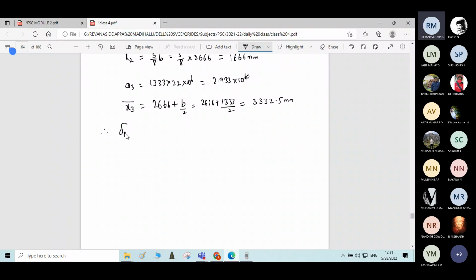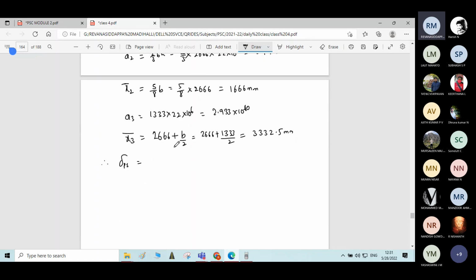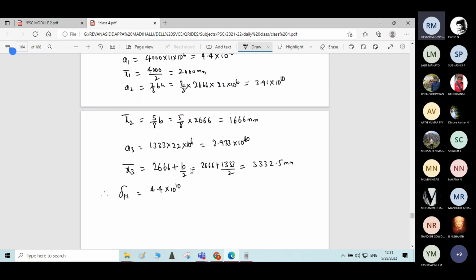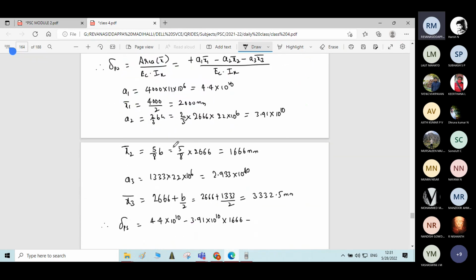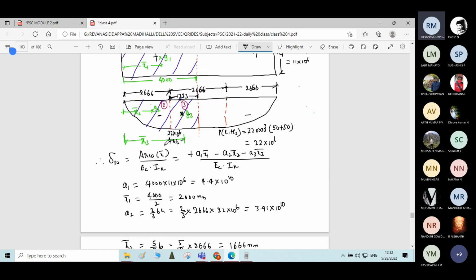Therefore, delta PS is equal to A1 x1 bar, where A1 is 4.4 into 10 power 10, then minus A2 x2 bar, where A2 is 3.91 into 10 power 10 into x2 bar 1666, minus A3 x3 bar, which is 2.933 into 10 power 10 into x3 bar 3332.5, whole divided by Ec into Ix.